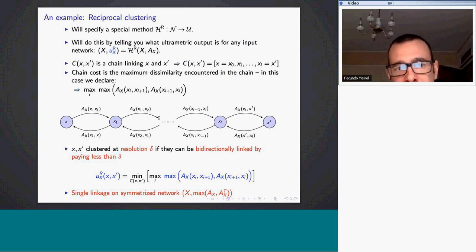Two nodes x and x prime are equivalent, or co-clustered, at some resolution or scale delta, if there is a bidirectional path between x and x prime so that the weights or similarities between consecutive points are at most delta. So these are defined at some resolution level delta.